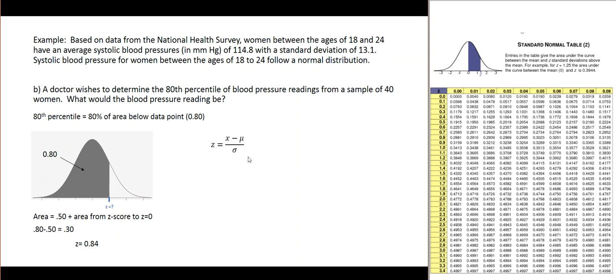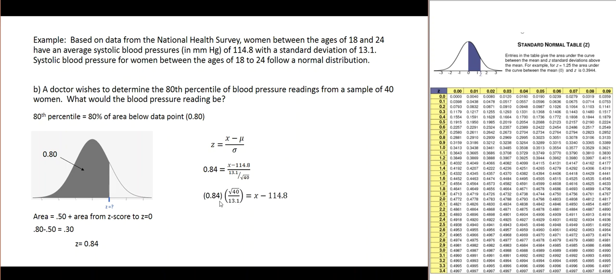So I'll put up our z-score formula. And then notice here the difference. We have 0.84 equals X minus our mean over our standard deviation. But remember, for a sample, we have to adjust that standard deviation by dividing by the square root of n. So what we're going to do is multiply by the reciprocal this time to clear those fractions.